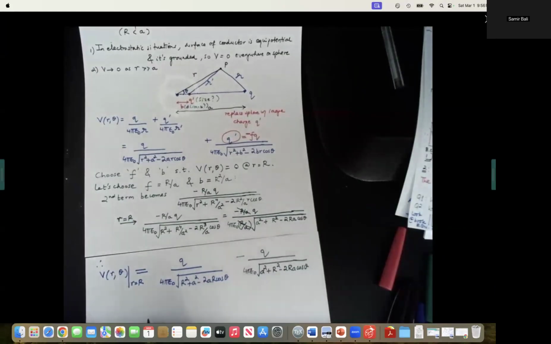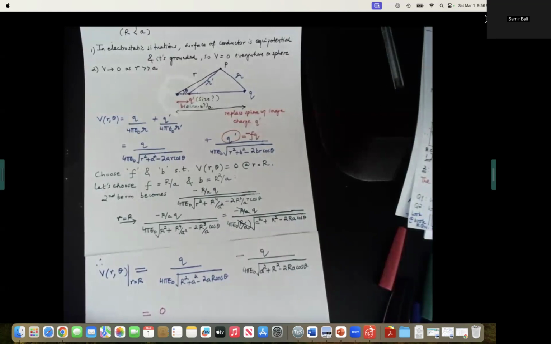And voila, this is equal to 0. I have satisfied the boundary condition.